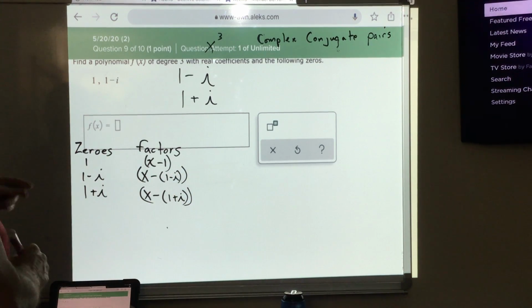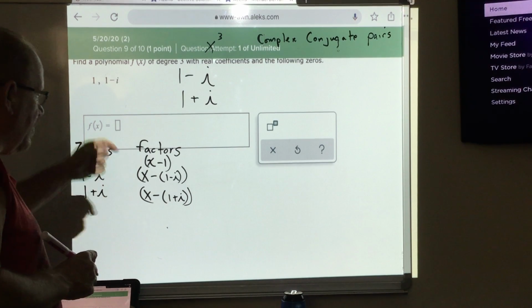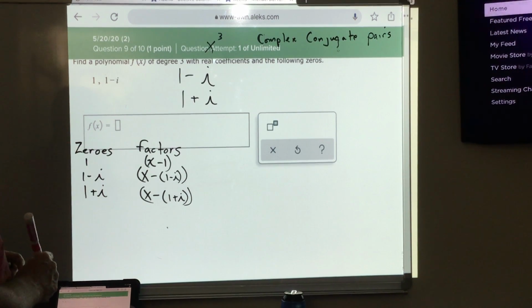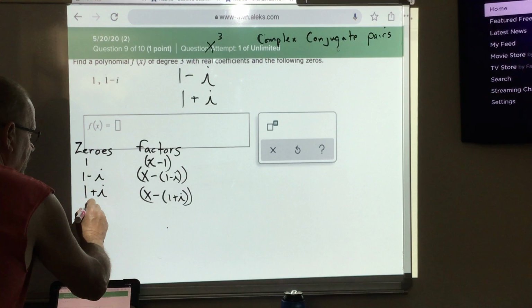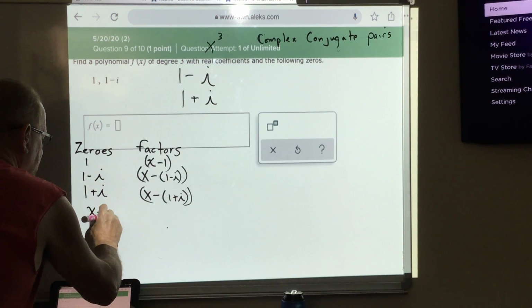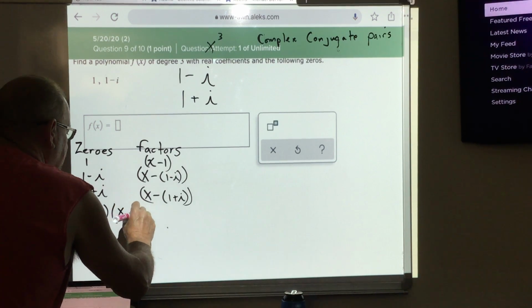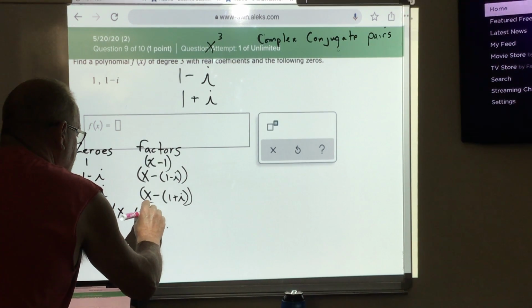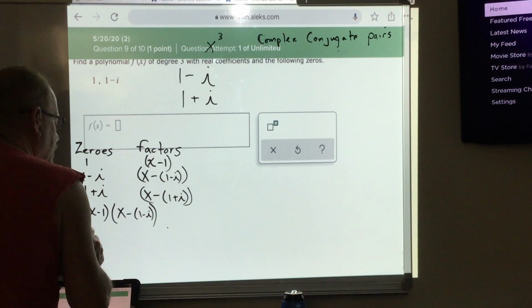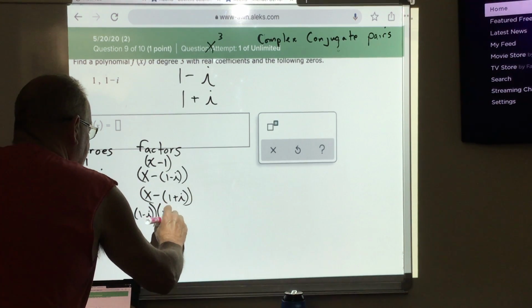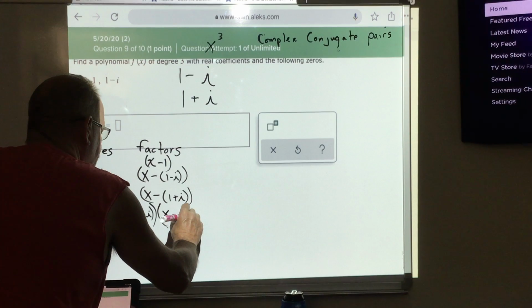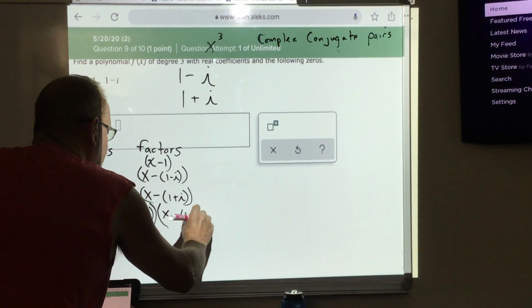And so if we were to multiply all 3 of these times each other, we would have x minus 1 times x minus 1 minus i, and x minus 1 plus i. I'm going to treat that like that's one thing. I'll wait till after this next part to simplify.